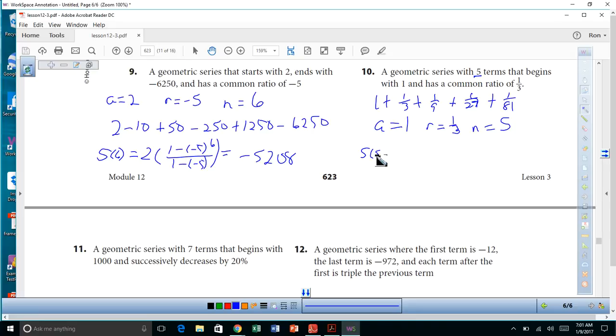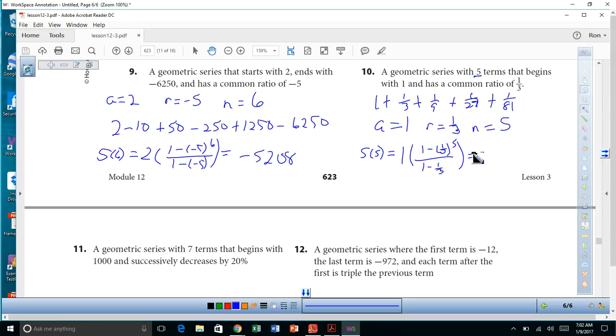So S of 5 equals 1 times, and that's going to be 1 minus 1/3 to the 5th over 1 minus 1/3.